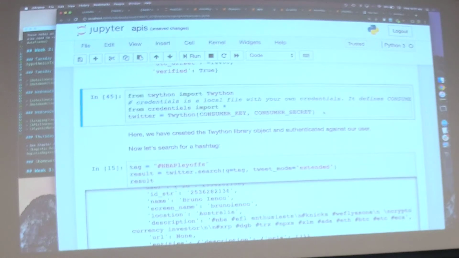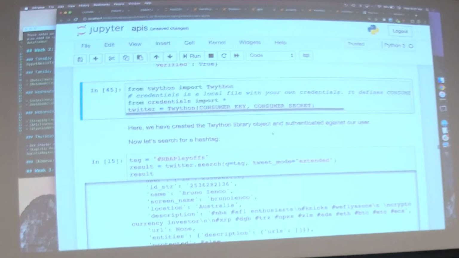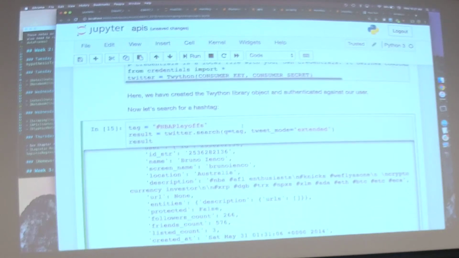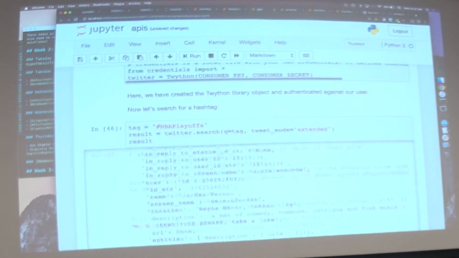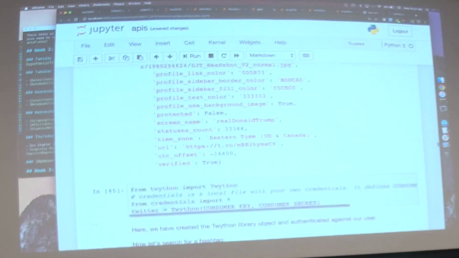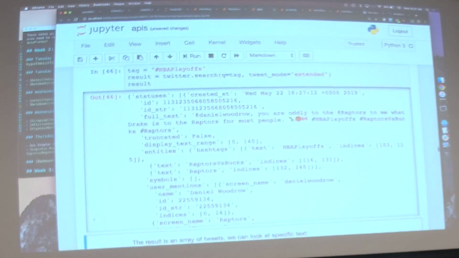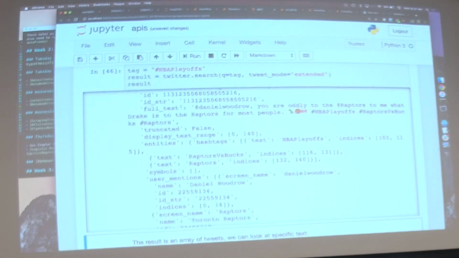So I'm setting up my Python instance, and here I'm just going to search for all the tweets related to hashtag NBA playoffs. So here's some of the tweets. So somebody tweeting about Drake and the Raptors.